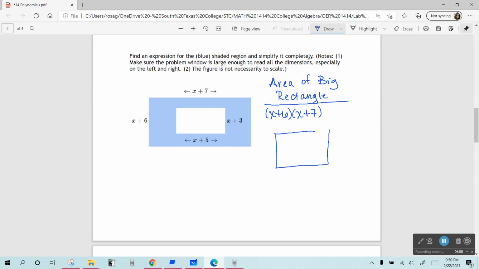And we're going to find it again with the little box. These two get combined for a 13x.